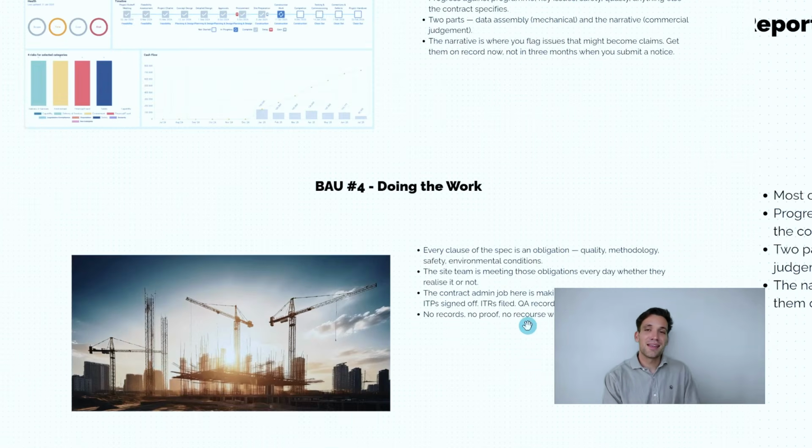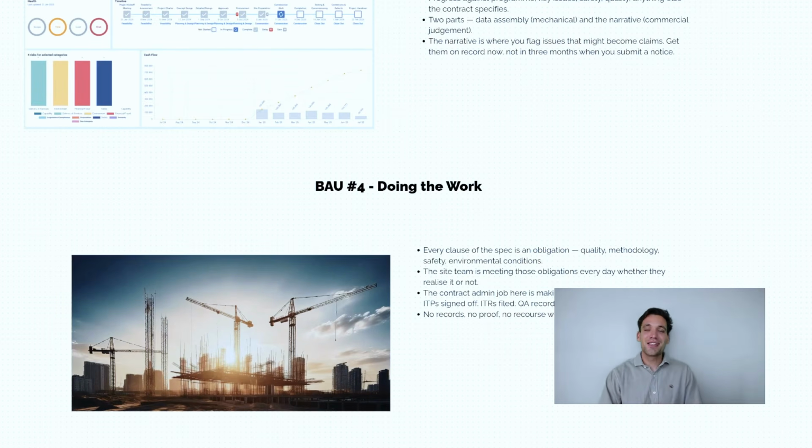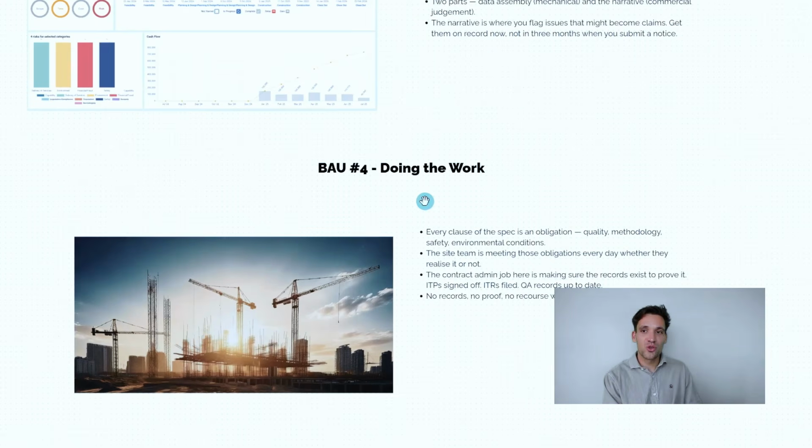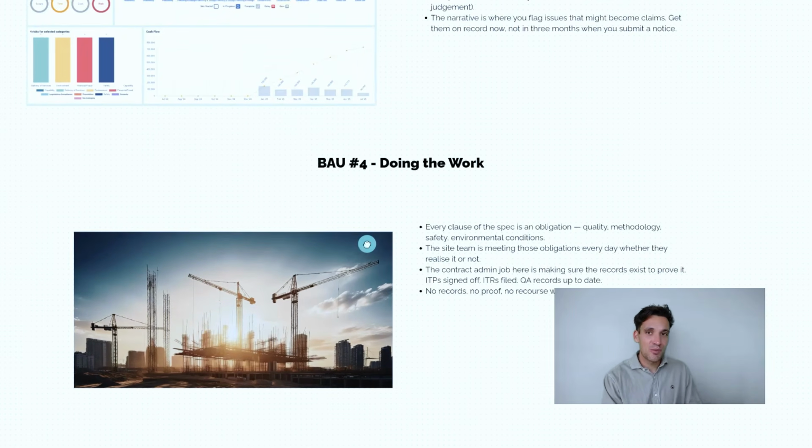Then the next business as usual task, which again goes without saying, is you actually need to do the work, in accordance with the contract. The key thing here I'd really stress is that you're doing the work as defined in the contract. You understand the drawings, the specifications, the work you are actually obligated to do, and you are very carefully following and doing the work as specified in the contract.